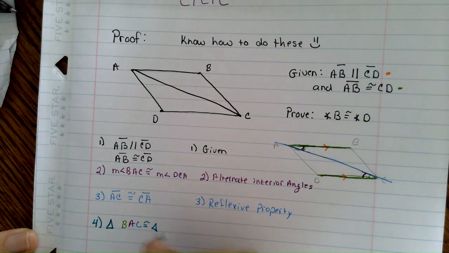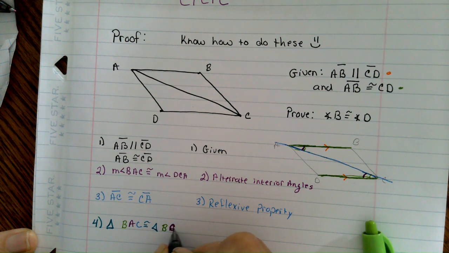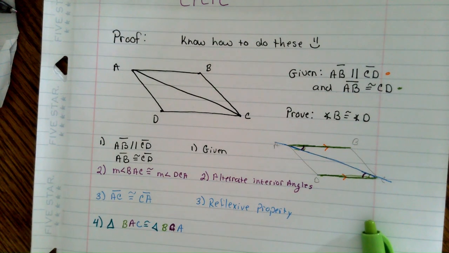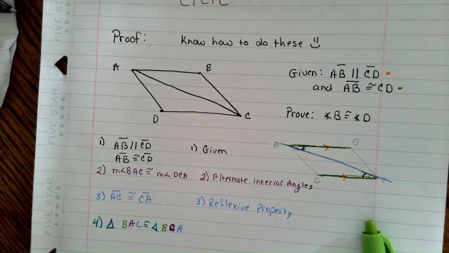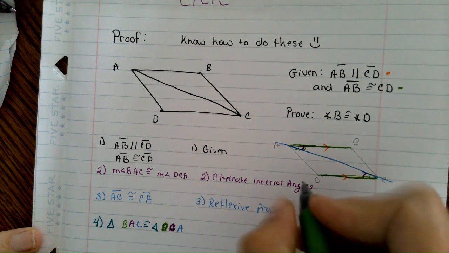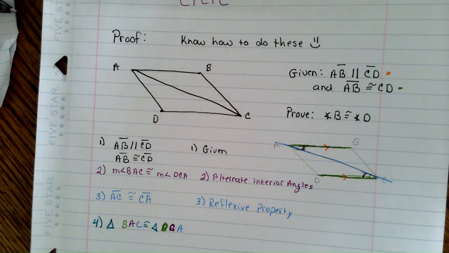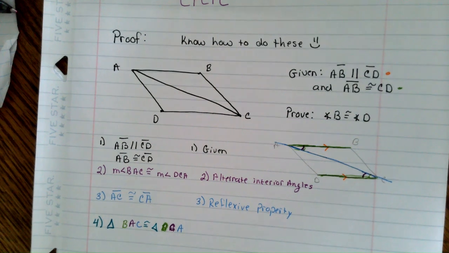Okay, so that was green, purple, blue. Whoops, that was supposed to be C, wasn't it? And that's a D, not a B. I'm having a case of the I can't read my own writing today. Okay, so BAC is congruent to DCA.